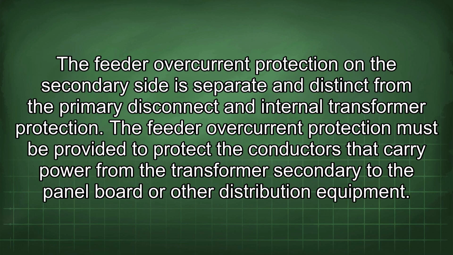The feeder overcurrent protection on the secondary side is separate and distinct from the primary disconnect and internal transformer protection. The feeder overcurrent protection must be provided to protect the conductors that carry power from the transformer secondary to the panel board or other distribution equipment.